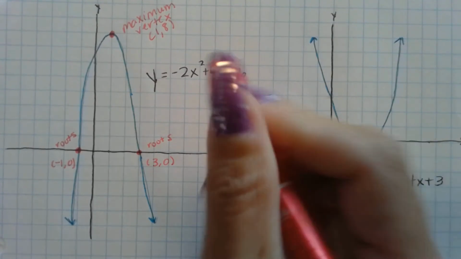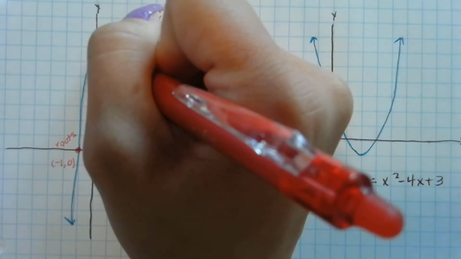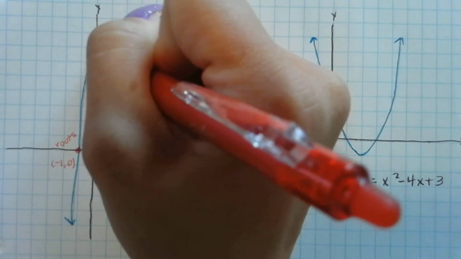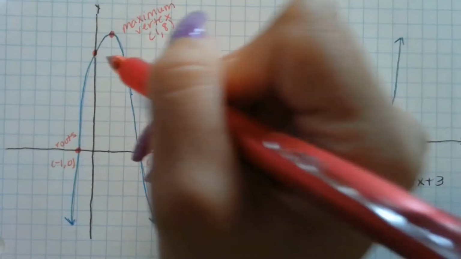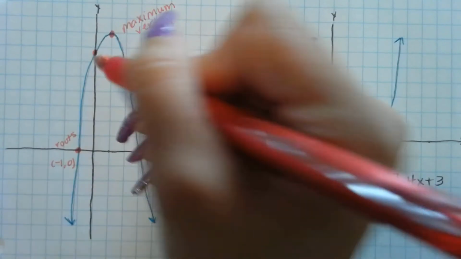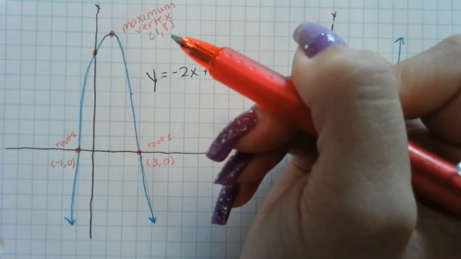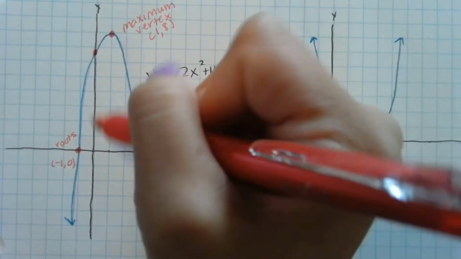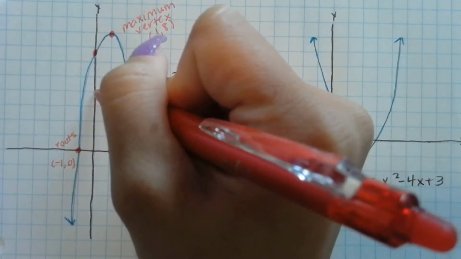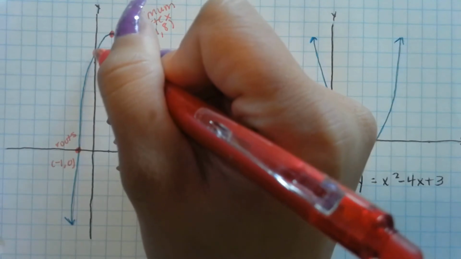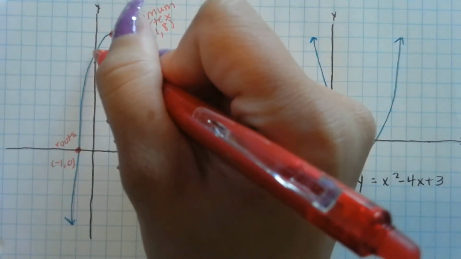Another important aspect is our y-intercept. Our y-intercept is in between these two, so let's get a roundabout idea. We went up 1, 2, 3, 4, 5, 6, like 7's here.